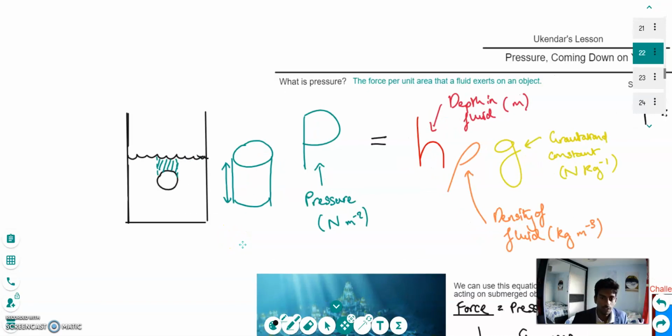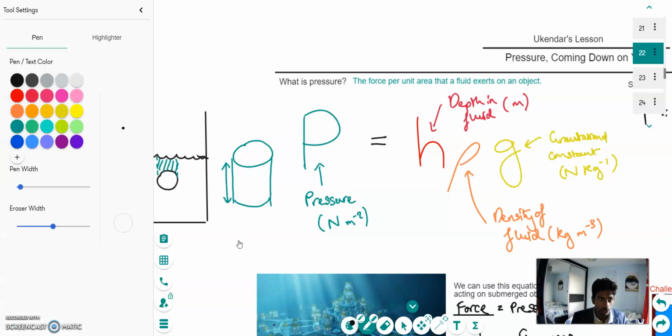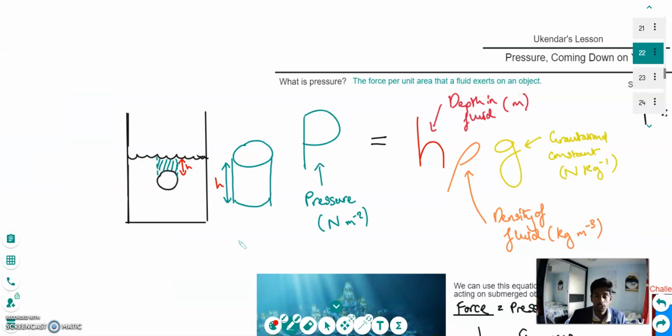Let's say we have a ball in a fluid, and this fluid is water. We have to label the depth that we have the object within the fluid, and that is this dimension here. We have the density of the fluid, that's just the mass per unit volume within that fluid.